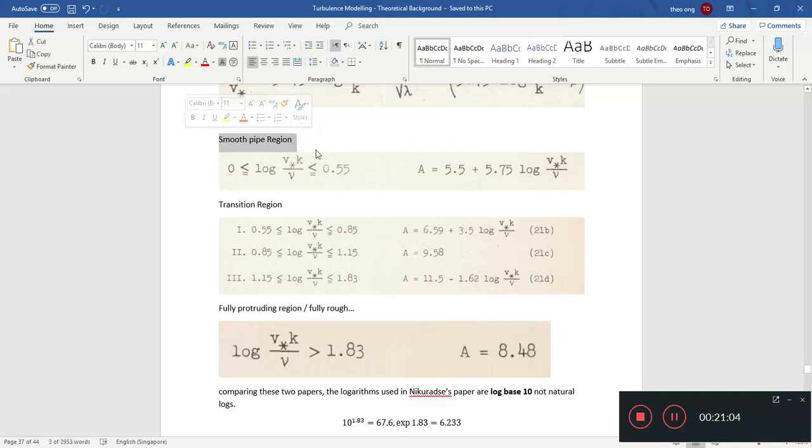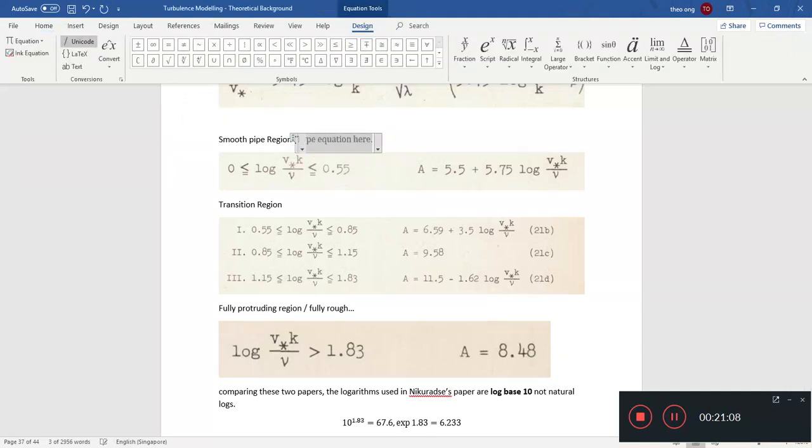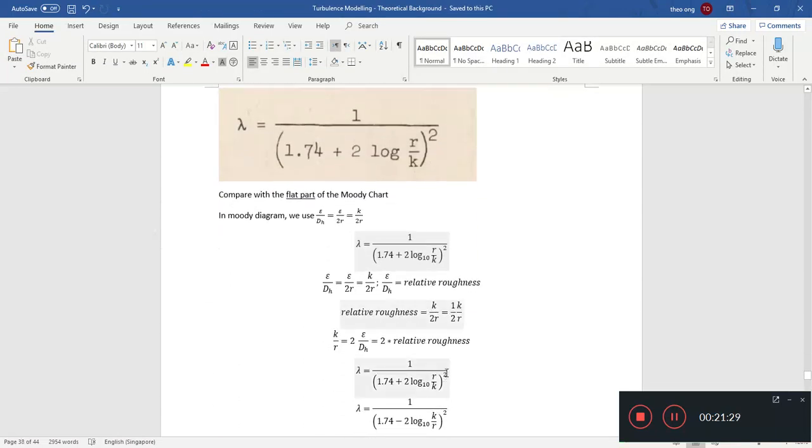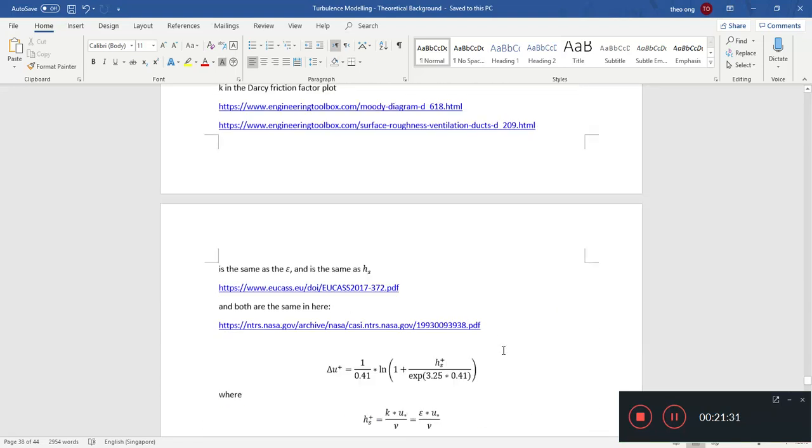Then there is the smooth pipe region, or more aptly named, the viscous sublayer delta is much more than the surface roughness height, HS, or maybe I use a var epsilon here, just so it's hopefully less confusing. There are a lot of notations being used, but more or less they mean the same thing.